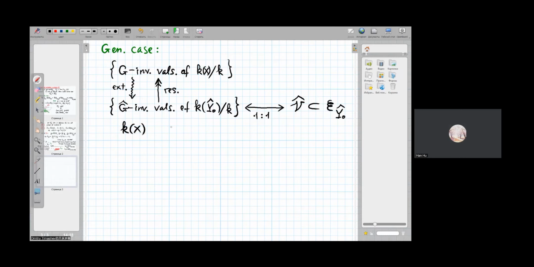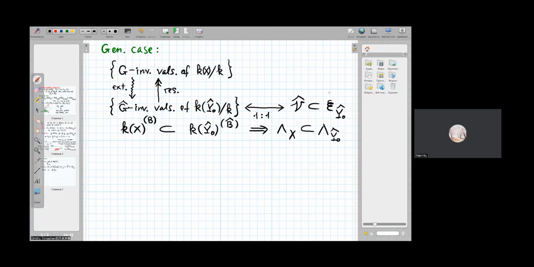So K of X is embedded in K of Y naught hat by the pullback map. And B semi-invariant rational functions on X are embedded in B hat semi-invariant rational functions on Y naught hat. And this means that the weight lattice of X is a sublattice in the weight lattice of Y naught hat.